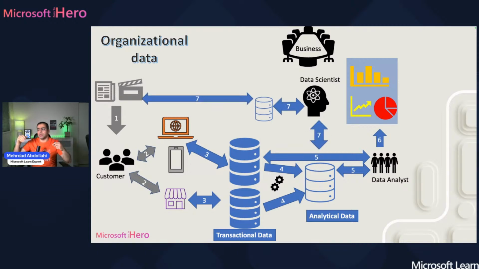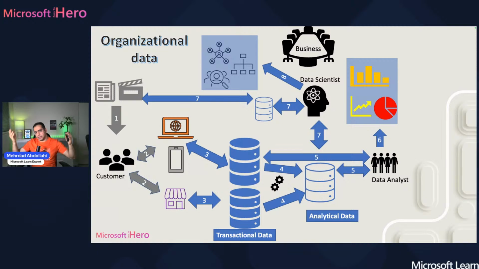They can make use of the data warehouses and the databases that we have, or even work with external data, for example, from the advertisements that were made for that business. And at the end of that, they're going to create some patterns and some models to be used in machine learning.